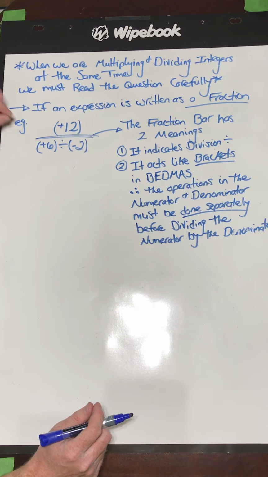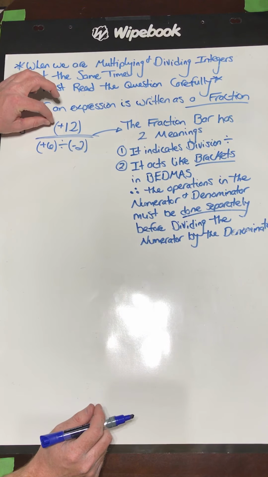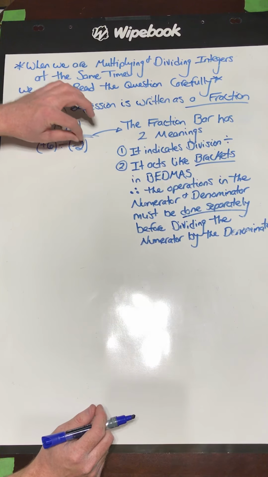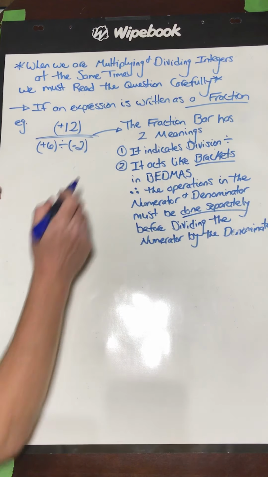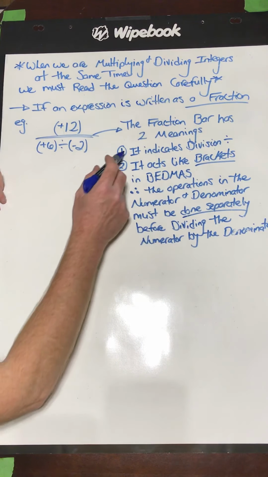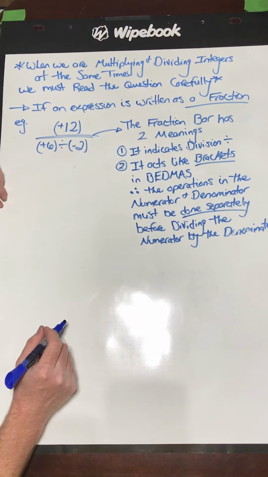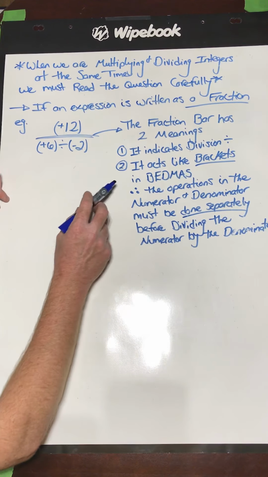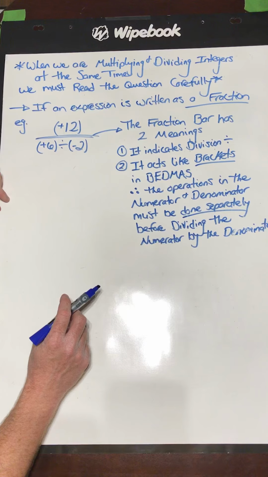So for example, we have positive 12 divided by positive 6 divided by negative 2. This fraction bar has two meanings. It indicates division, as we knew already, but it also acts like brackets in BEDMAS.